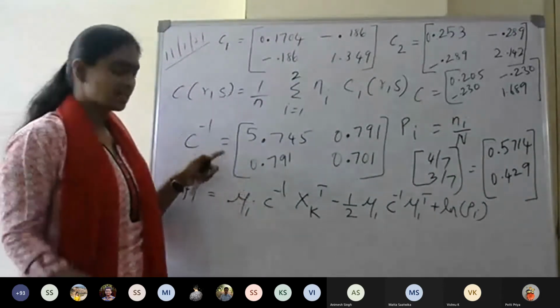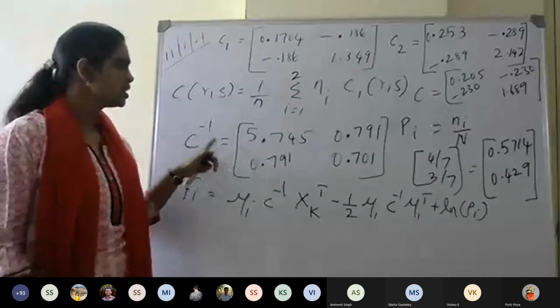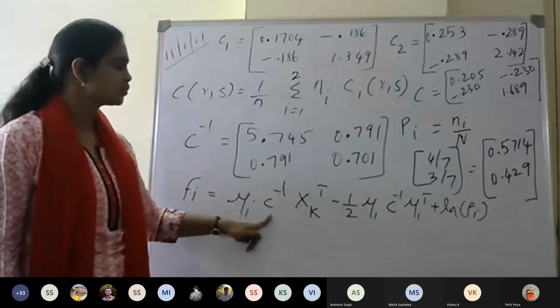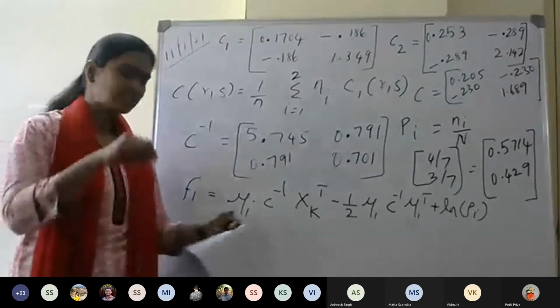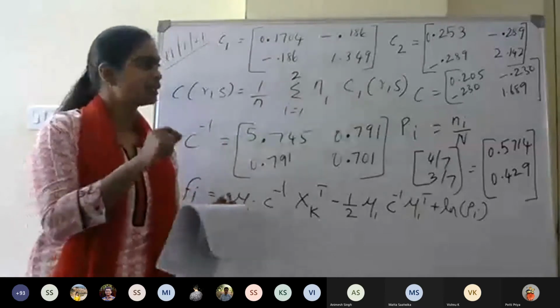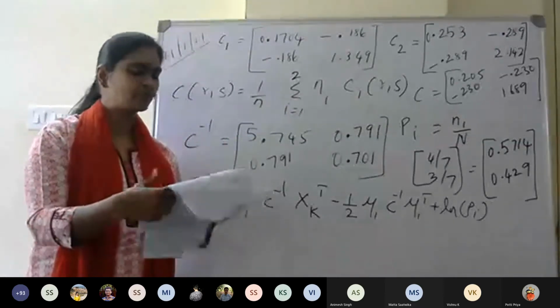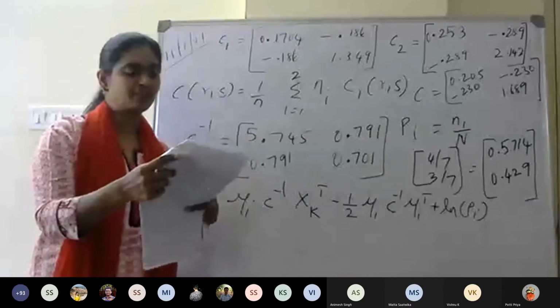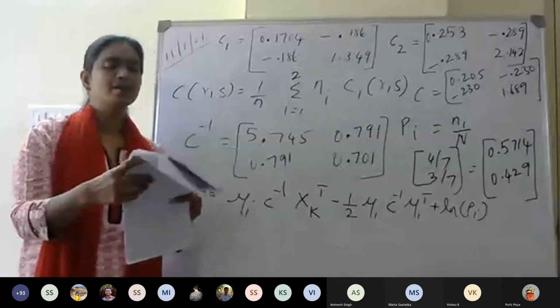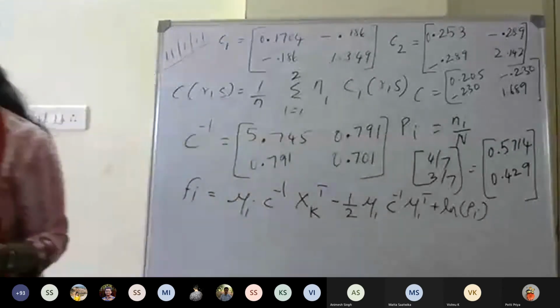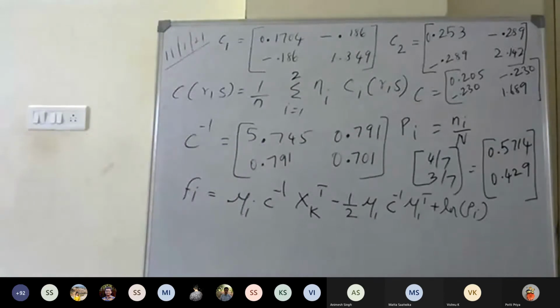Because I've done the calculation for this, now you will substitute this C inverse here. First of all, given a particular element, we have to find which class it belongs to. I think initially in the question it is mentioned.